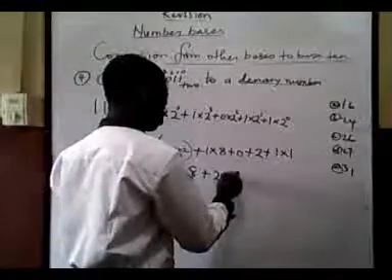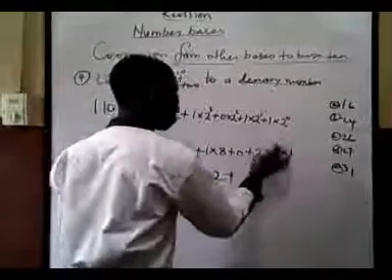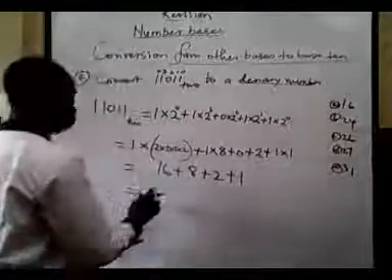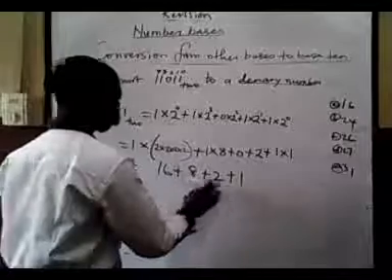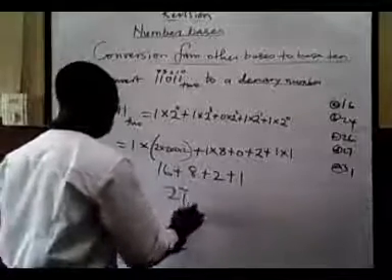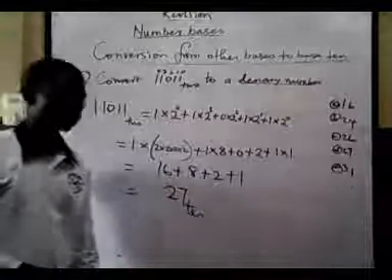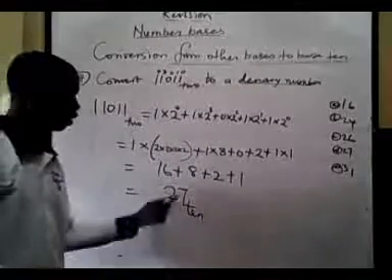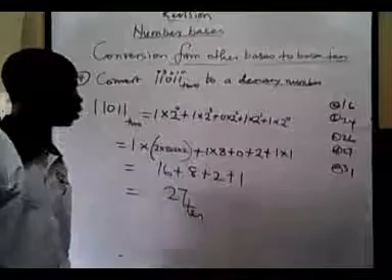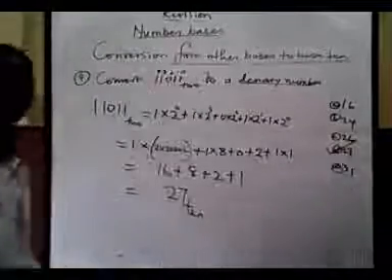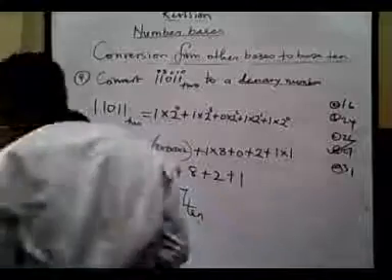Plus 2. 1 times 1 is what? 1. So we have 24, 26, 27, base 10. I'm calling it together 27 because I am in base 10. If you are not in base 10, you have to call the number digit by digit. So, correct option? Option D. So we are correct, option D.